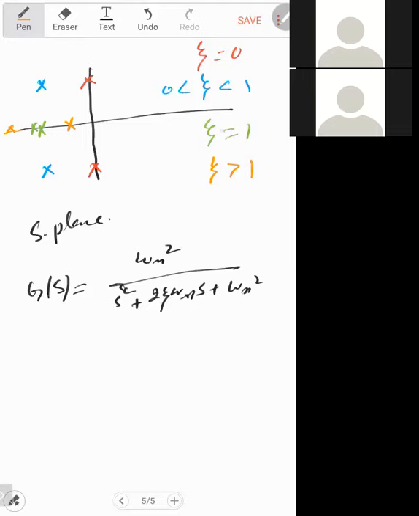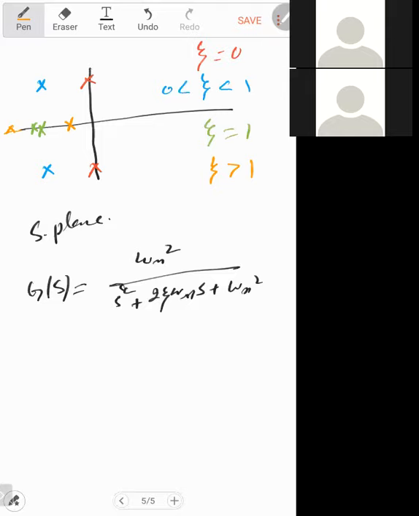When zeta is equal to 0, and when zeta is greater than 0 but less than 1, then we have the complex roots in the left hand side. When zeta is equal to 1, then we have the two roots at the same location, and when zeta is greater than 1, then we have the two real roots, and they lie along the real axis.